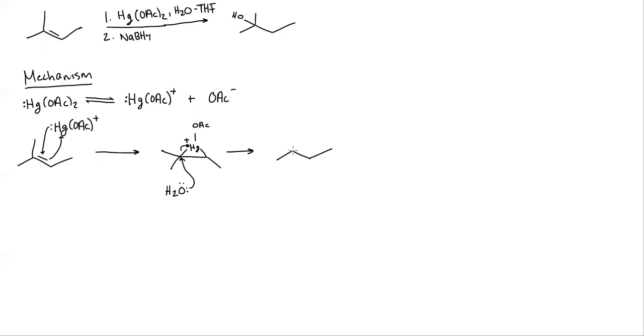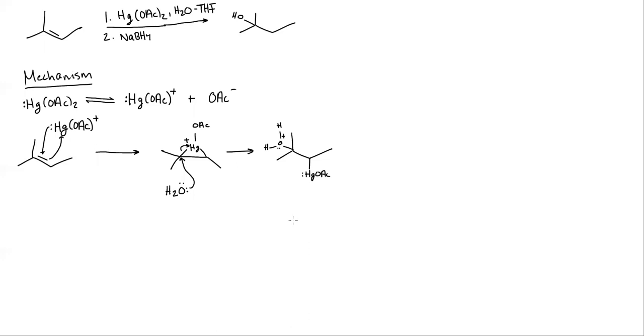All right. So now we're back to this, right? And then I have my water that I've added here, and I also have my HgOAc that just got a lone pair as well.